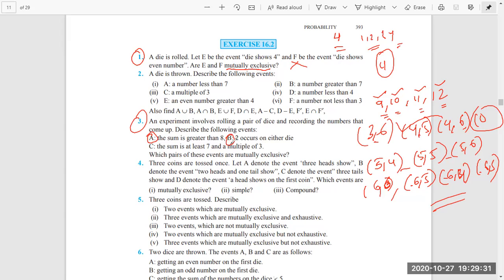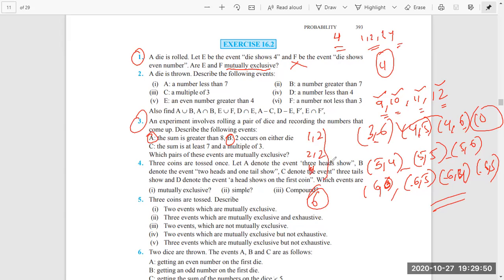In part B they are asking for 2 occurring on either die. 1 comma 2, 2 comma 2, 3 comma 2, 4 comma 2, 5 comma 2, 6 comma 2.